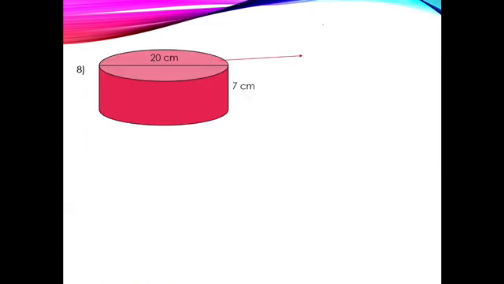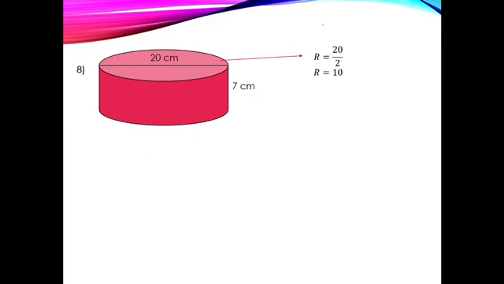And then we got another one, another cylinder. Now the difference here is they've given us a diameter instead of a radius. But if we look at our formula, we need a radius. So we need to change our diameter into a radius. Now, remember that a radius is half of a diameter. So to get the radius, you're going to take your diameter, divide it by 2, and that will give you a radius.